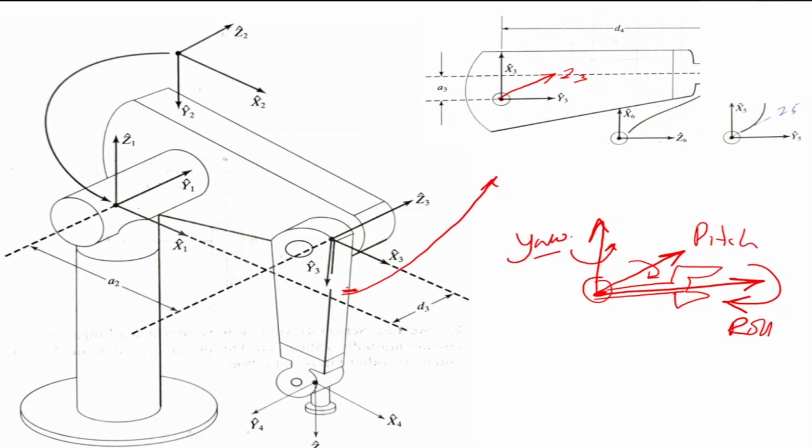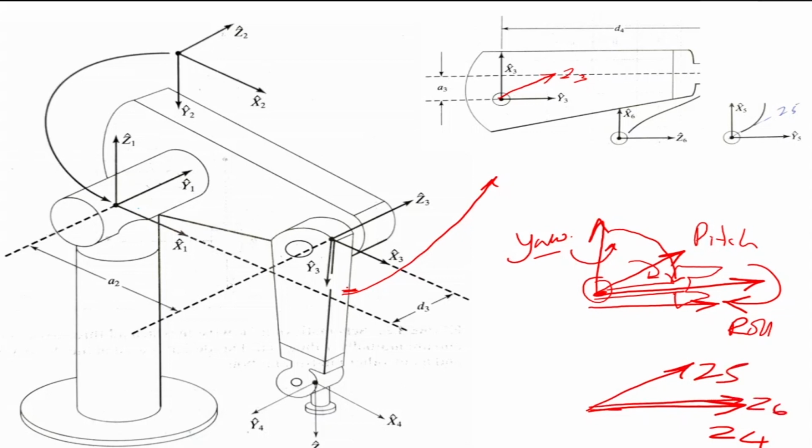But if you assign it like this, there is a little problem with the DH parameter notation. So what we do is we rotate the yaw axis, bring it down, and align it with the roll axis. So in the solution of this manipulator, the fourth axis is like this, Z4, Z5 is that side, and Z6 is this side again, because it can rotate.